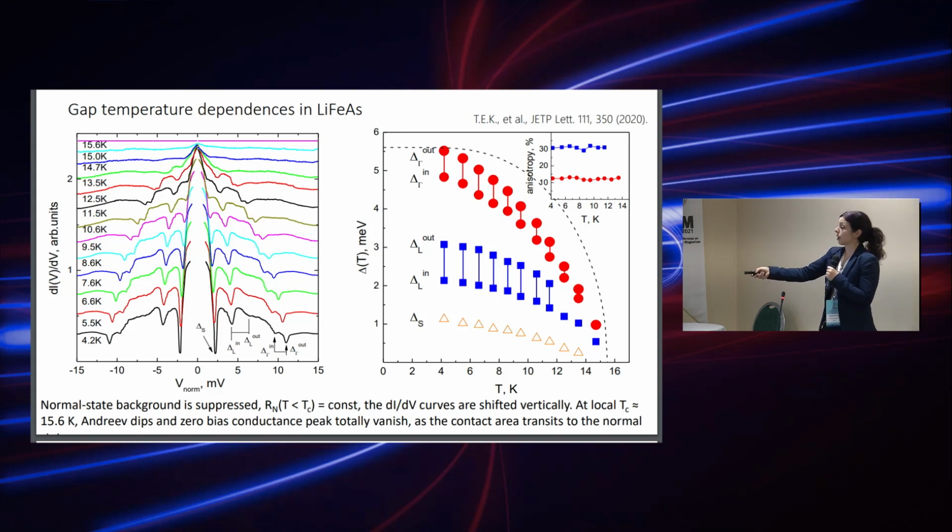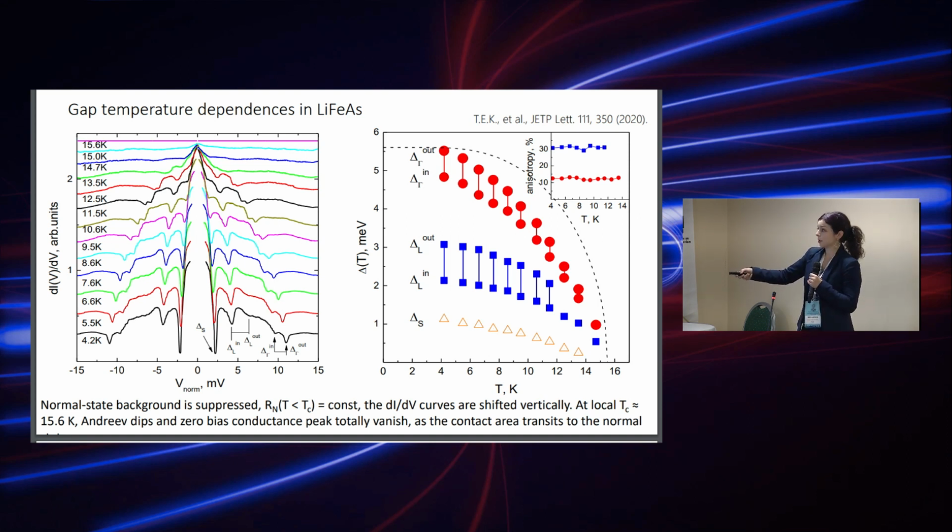We measured the dynamic conductance spectrum of an SNS junction with temperature increase. Here the normal state nonlinear background is suppressed, so the curve corresponding to TC is just linear. The normal resistance is the same and stays constant with temperature up to TC, but for clarity the spectra were shifted by hand vertically.